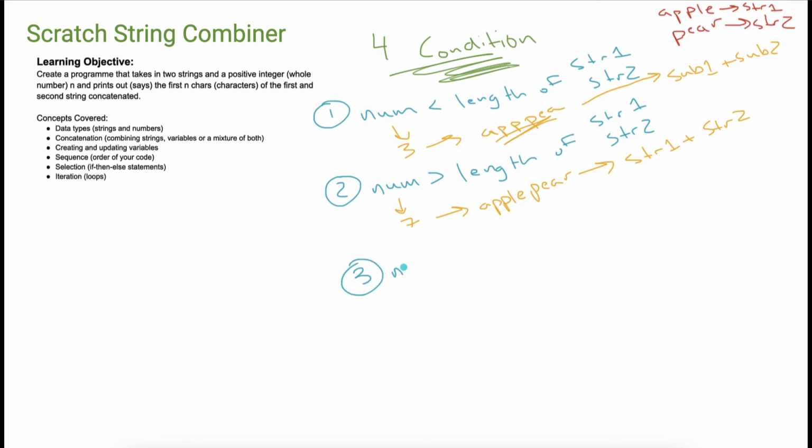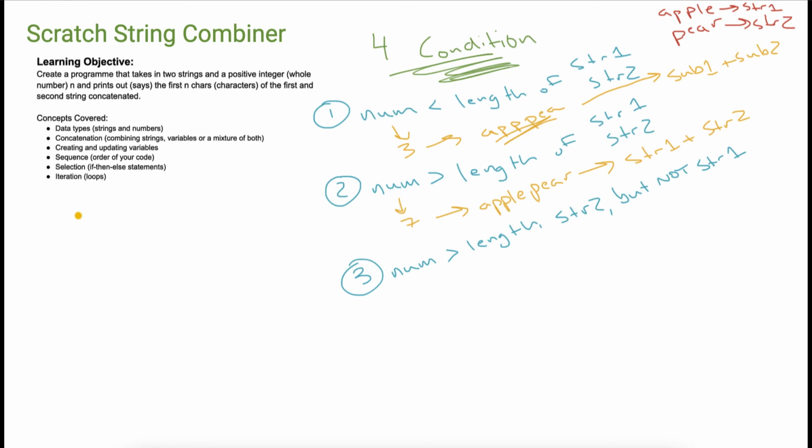This is when num is greater than the length of string 2, but not string 1. Okay, so let's pretend that we type in the number, let's say we type in the number 5.